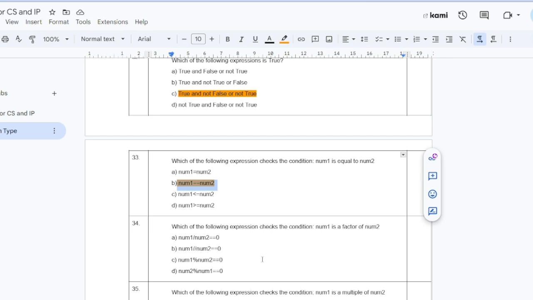Num1 modulo num2 is not the correct answer, and num2 modulo num1 is equal to 0 is the correct answer.